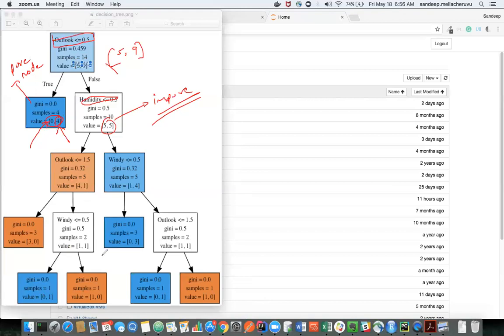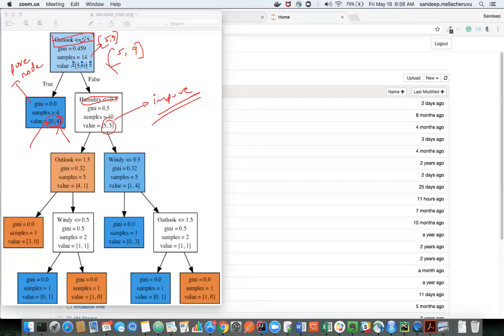As long as I'm getting an impure node, I'll keep on splitting the data. Here I have 5 comma 9, which means it is an impure node. I split on some variable, which variable we'll talk about later. For now, I'm randomly taking outlook first.